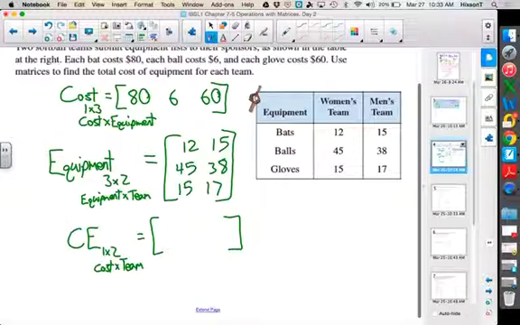What did you get? 1,550? Can someone confirm that, just to double check? 80 times 12, 6 times 45, 60 times 15. 15 times 60. 2,130. Yeah, 2,130.